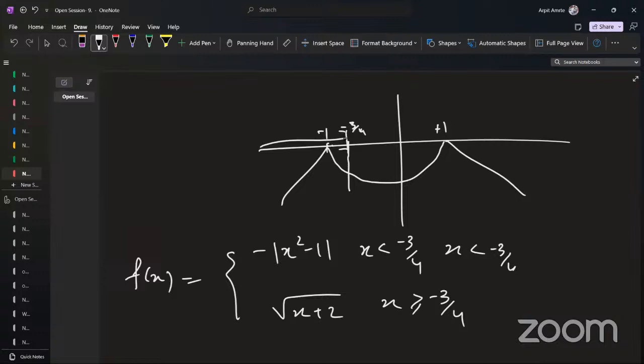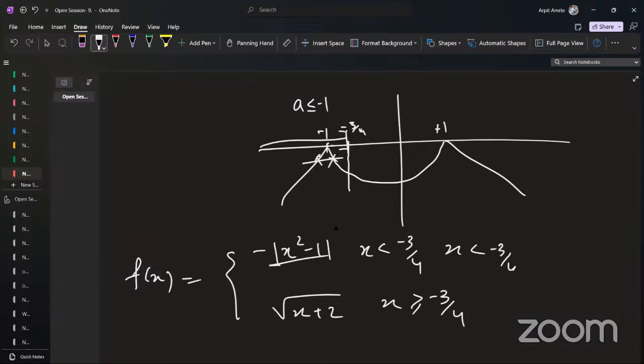Now, in this case, you can see easily it is failing the horizontal line test. So for satisfying the horizontal line test, I have to take any value of a which is less than or equal to -1. Then only this function will satisfy the horizontal line test, right?